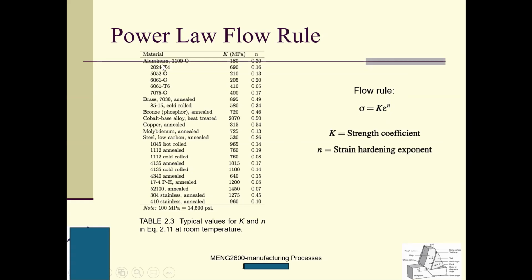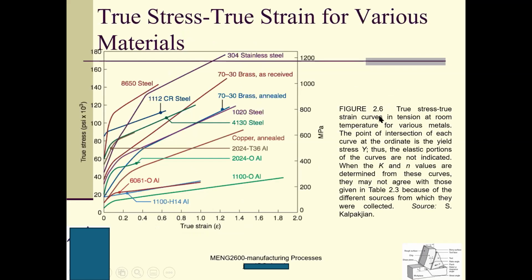For commonly seen materials, the K and N values are here. But if we have new materials that nobody has explored, we need to do the experiments ourselves, and that is called research. Here you can just use what other people have done for these commonly seen materials.